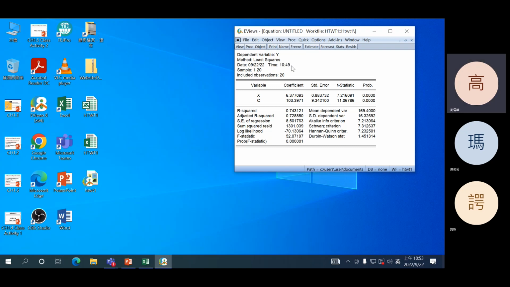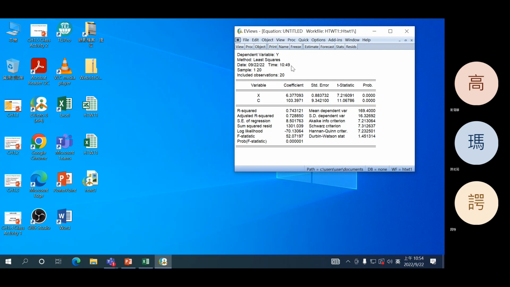I have all these 20 dots here. But the estimated line here is y hat equals the intercept 103.39 something, plus 6.377 x. This is the estimated regression equation.